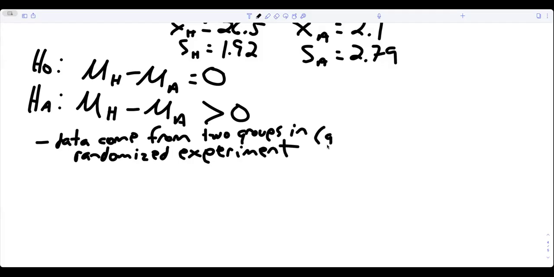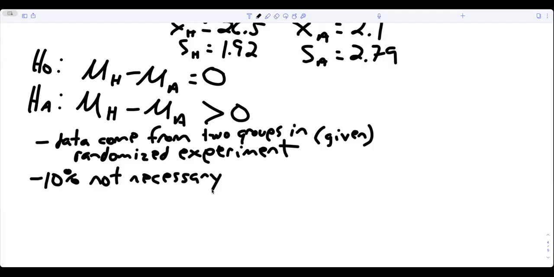Okay, that's given. And the 10%. Not necessary. Why not? Does the population have to be 10 times the sample? No. Why not? There is no sample.